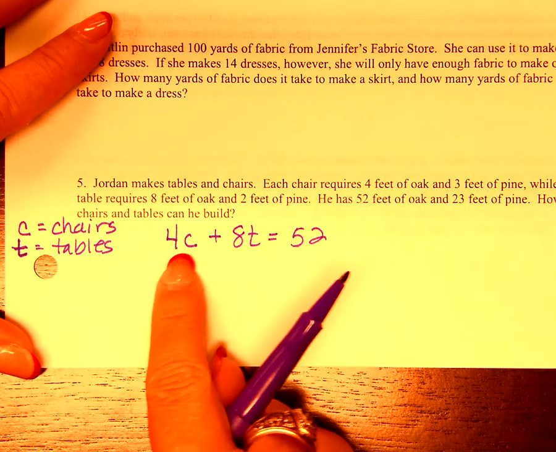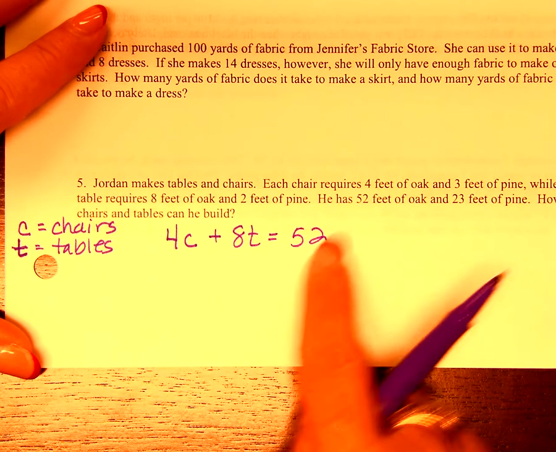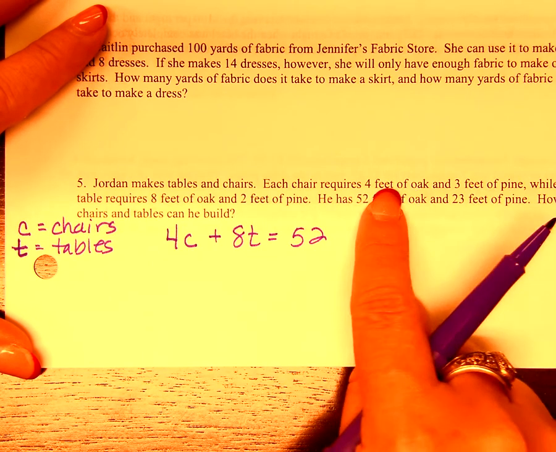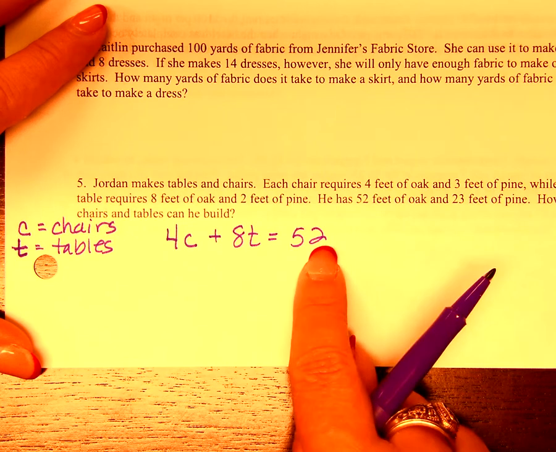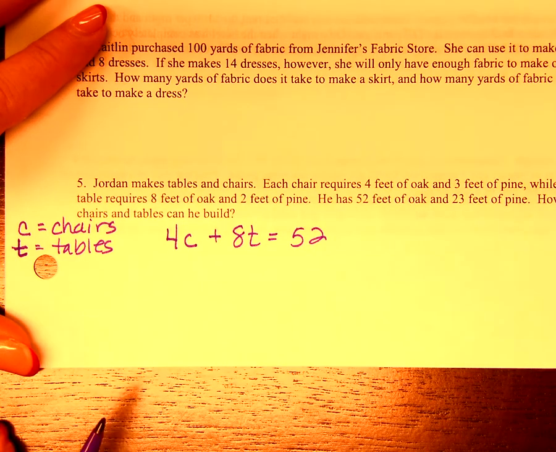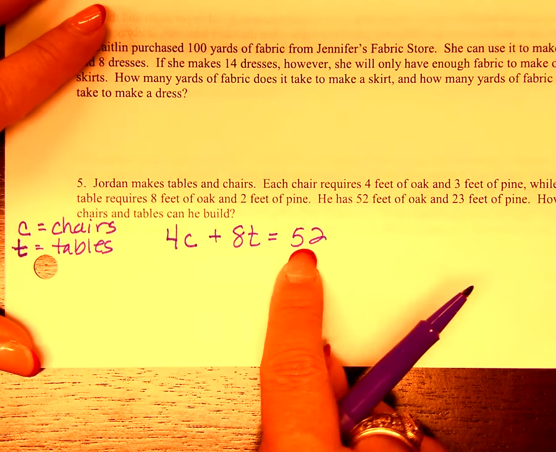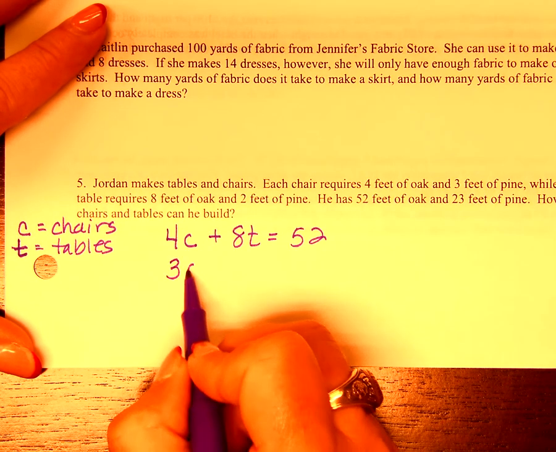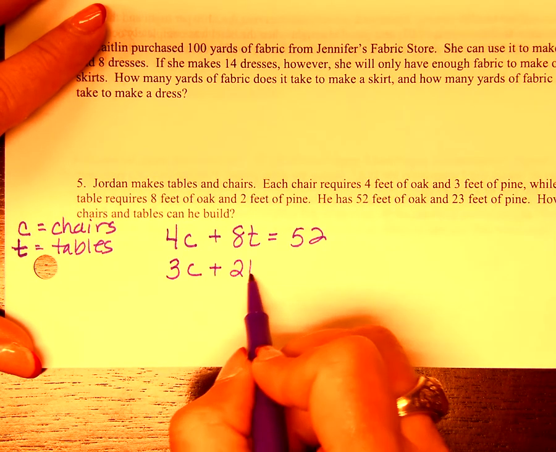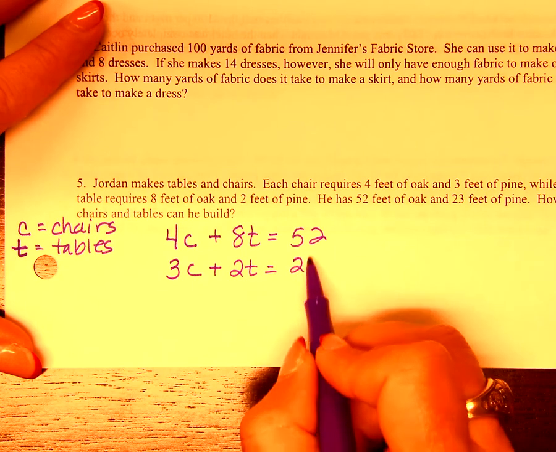You see how this whole equation is about oak? 4 feet of oak for a chair and 8 feet of oak for a table with a total of 52 feet of oak. So if this is the equation for oak, what does the equation for pine look like? 3C plus 2T equals 23.